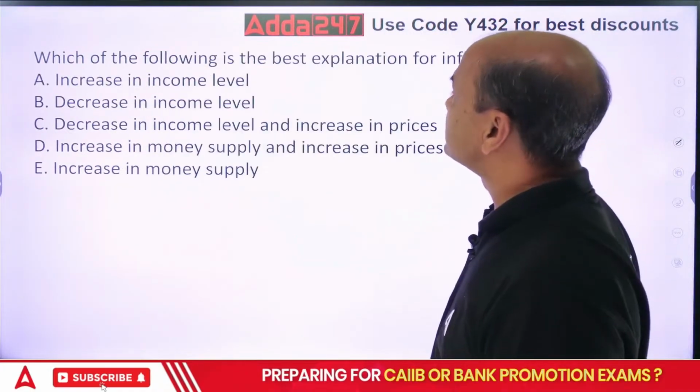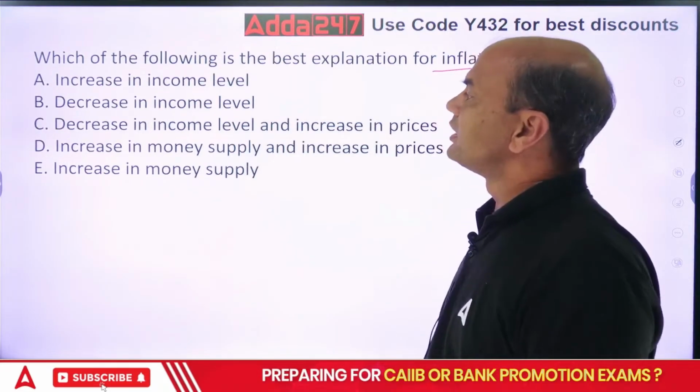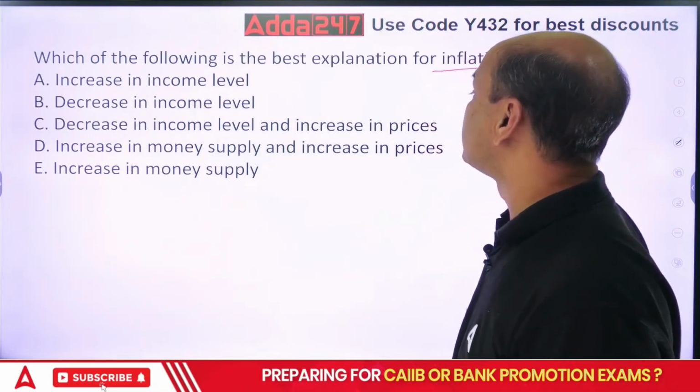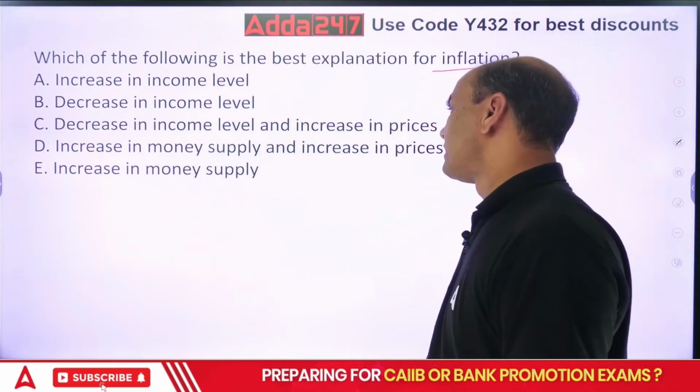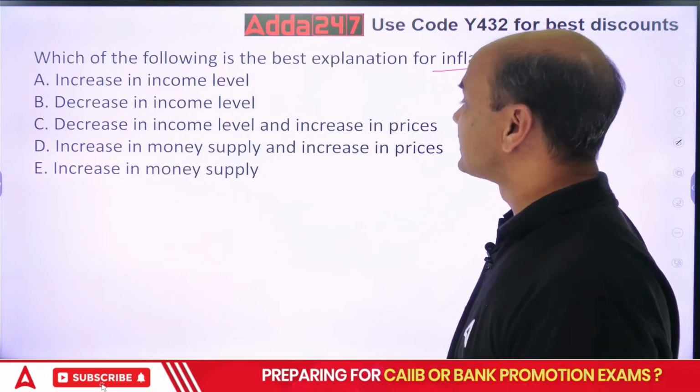Which of the following is the best explanation of inflation? Increase in income level, decrease in income level, decrease in income level and increase in prices, increase in money supply and increase in prices, increase in money supply.